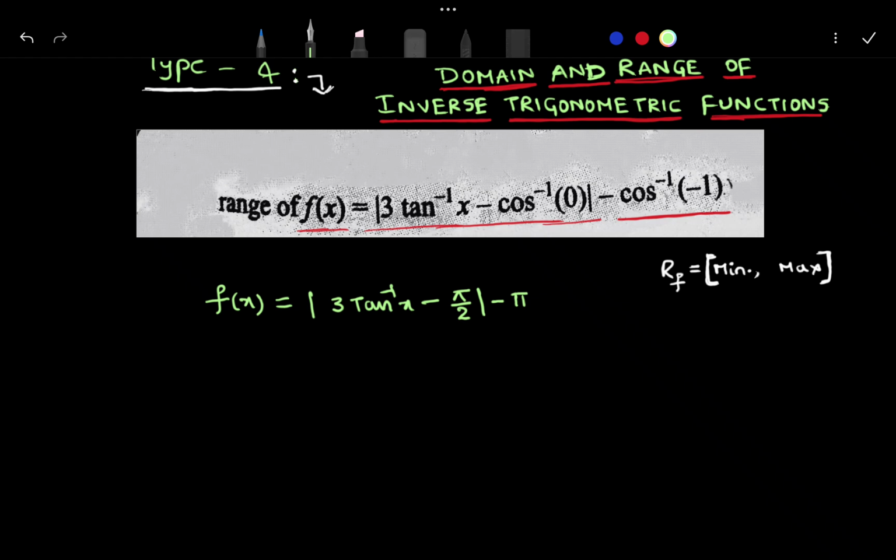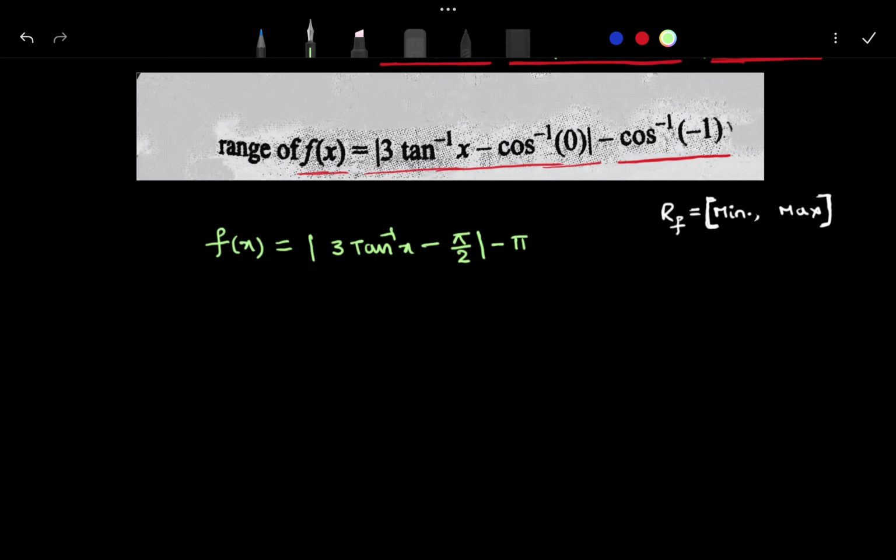Now coming to the fundamental: tan inverse of x. What is the range of tan inverse of x? This value will be minus pi by 2 to plus pi by 2. This is the range of tan inverse of x.